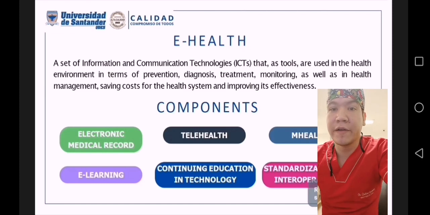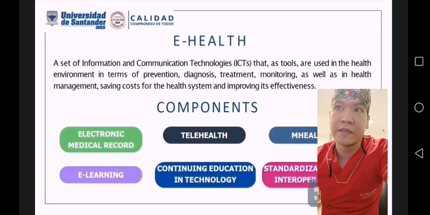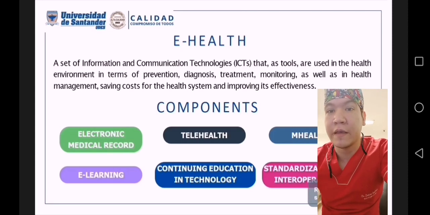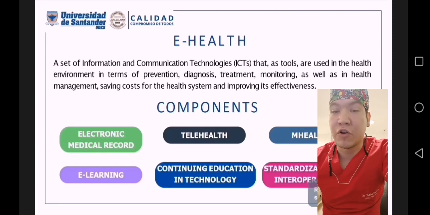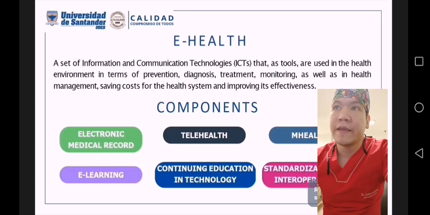And we have e-learning. It's continuous progress and learning about things, in this case medicine and prevention, and diagnosis of pathologies. How is e-health in Colombia?